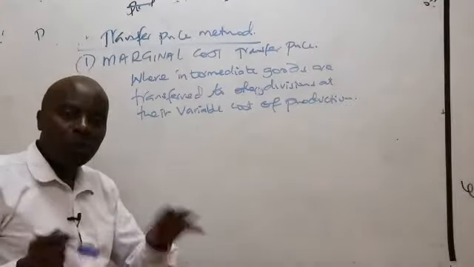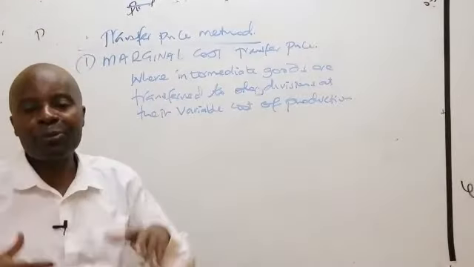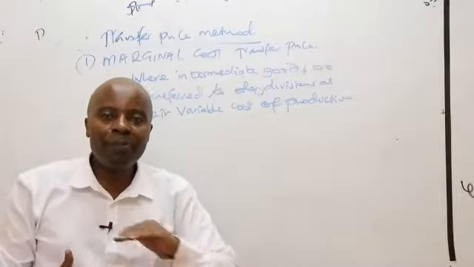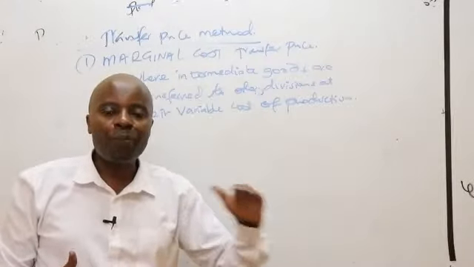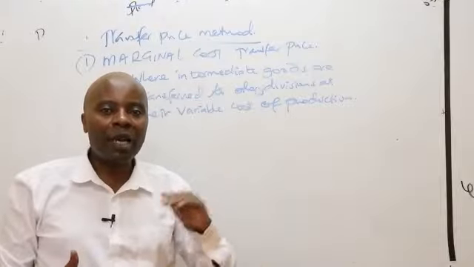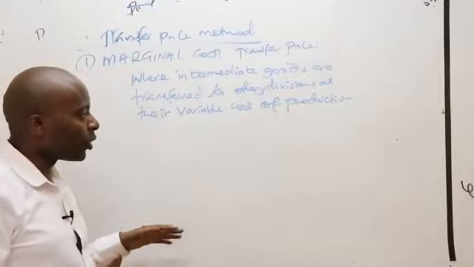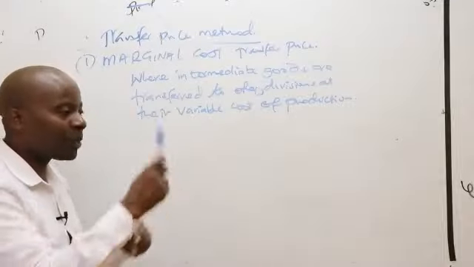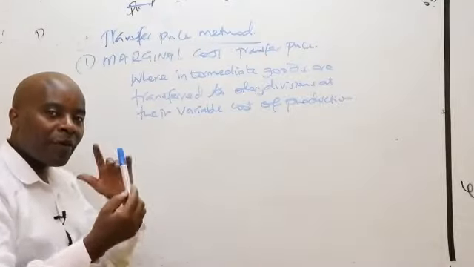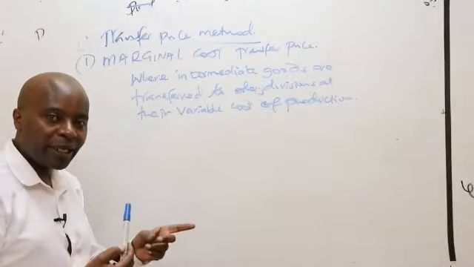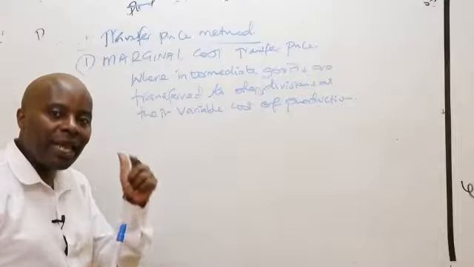So as the department producing these goods, we simply pile our costs, variable cost only. We shall be able to say this pen has cost us a variable cost of, for example, 10. So we charge exactly 10.